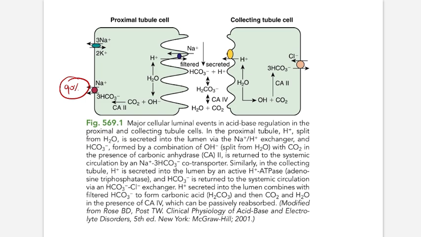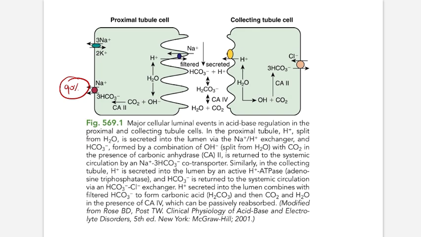So you understood how bicarbonate forms. H2O gets broken down into H plus and OH negative. OH negative combines with CO2 in the presence of carbonic anhydrase 2, and HCO3, bicarbonate, forms.